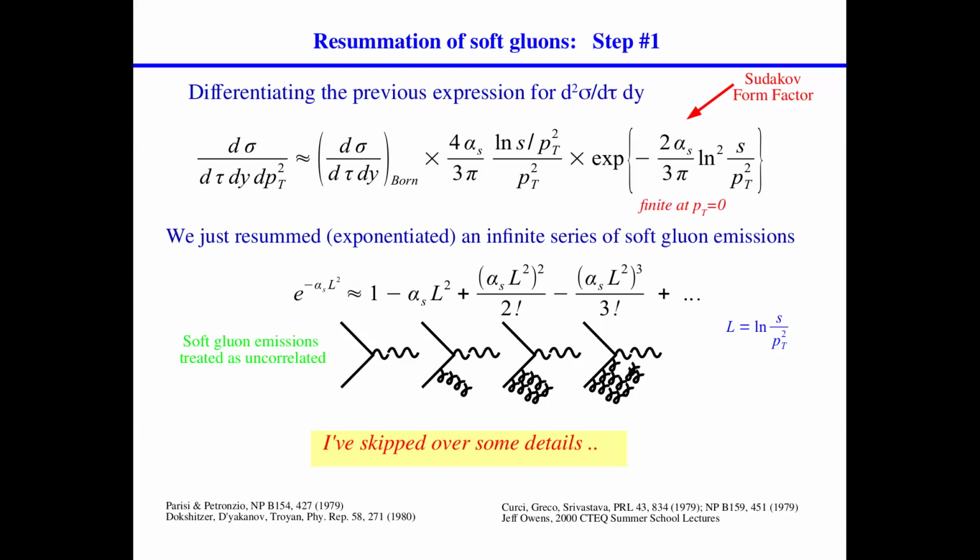If I'm interested in the high PT region where PT is close to the W mass, those logs aren't a problem, and the fact that my expansion is alpha S log, that's not a problem anymore. But the problem is when I go to small PT, I have two very different scales, MW and PT, and then that log is going to be big.